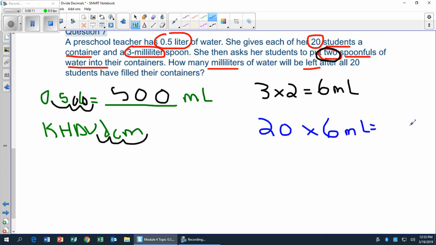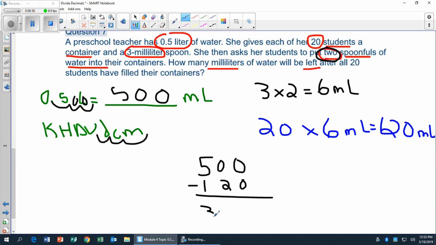And so that's going to be 120 milliliters the students will be putting into the containers. So if the teacher started with 500 milliliters and the students used 120 of them, then we are left with 380 milliliters at the end.